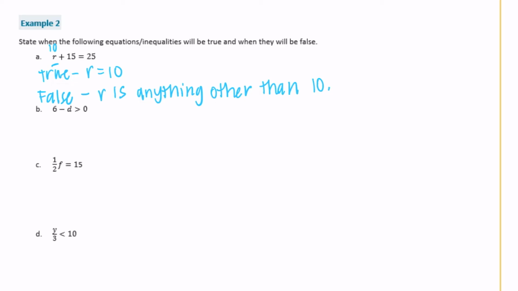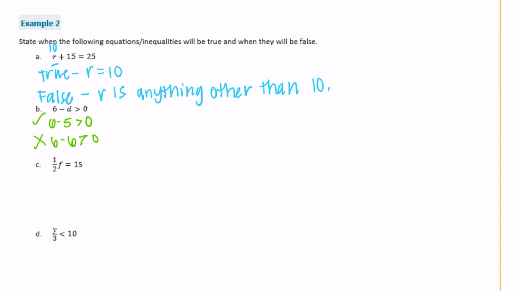Okay, the next one, B, 6 minus D is greater than 0. So 6 minus what will get us something greater than 0? So like 6 minus 5, is that greater than 0? Yep, because that would be 1. But if we did 6 minus 6, that would not be true.